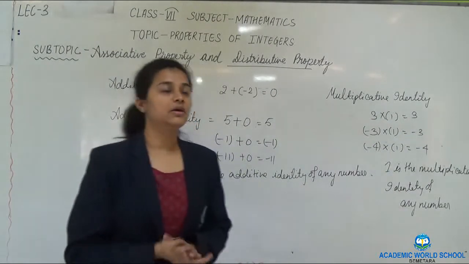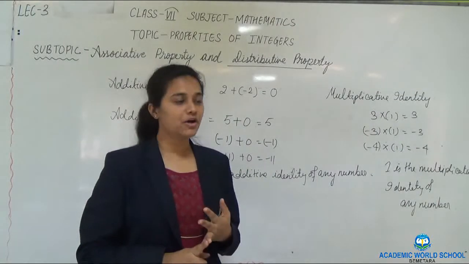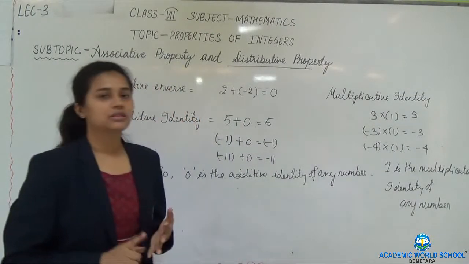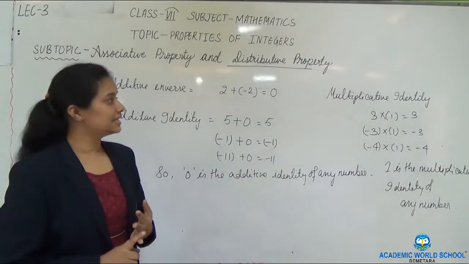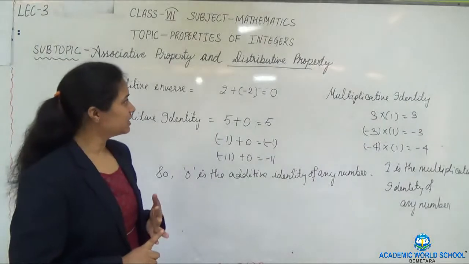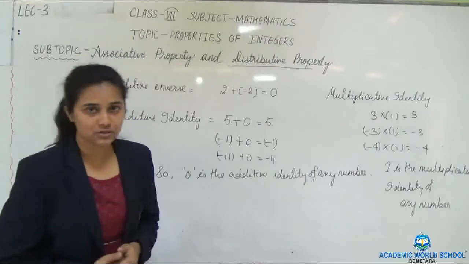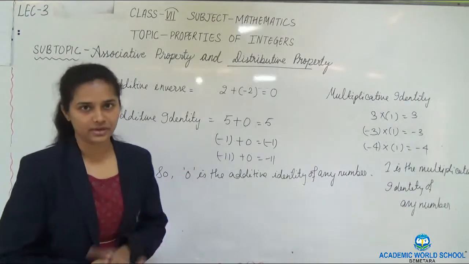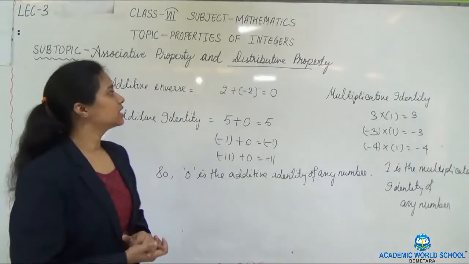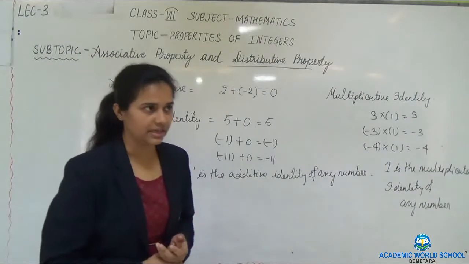So students, with this we end up the chapter. So you have read so many things. In the first lecture we read the laws of integers, where we learned how to add and assign the sign while we add two integers, and laws of integers for multiplication. Second lecture we learned about the properties of integers, where you covered four properties: closure property, commutative property, associative property and distributive property.